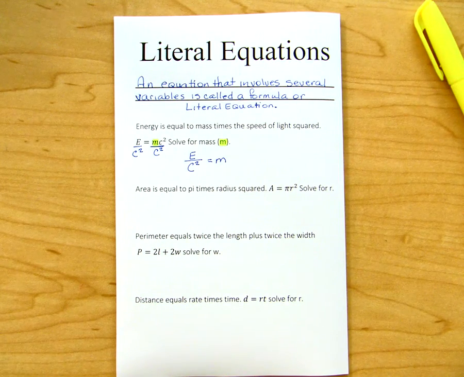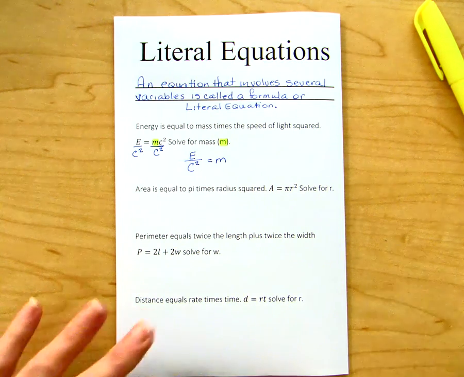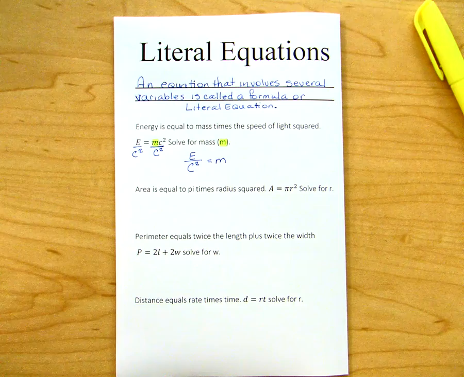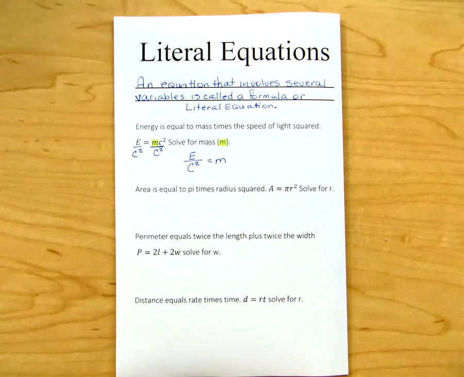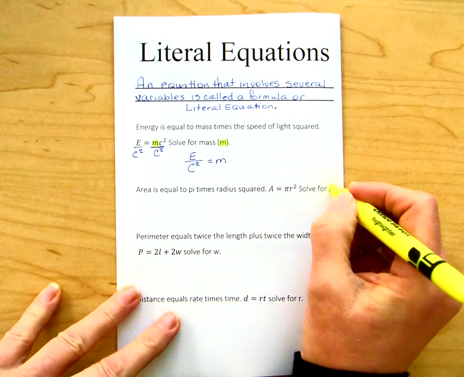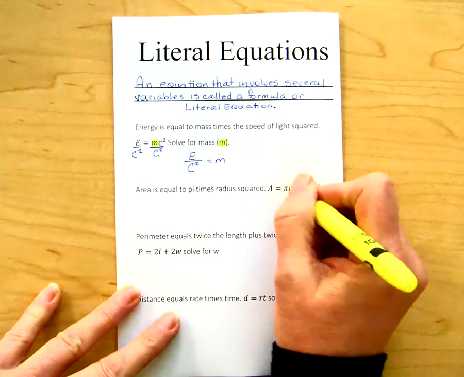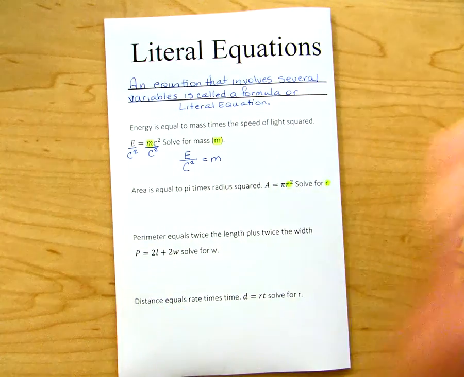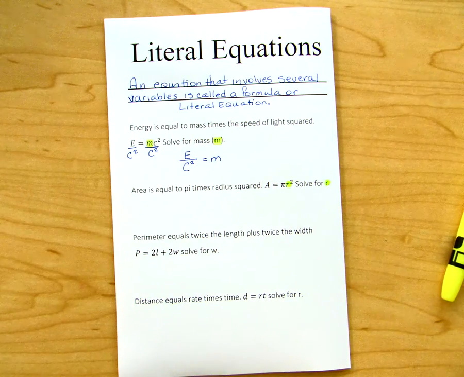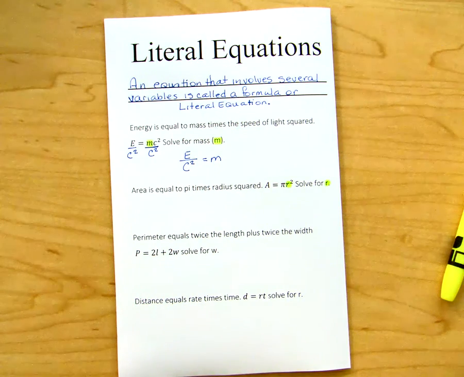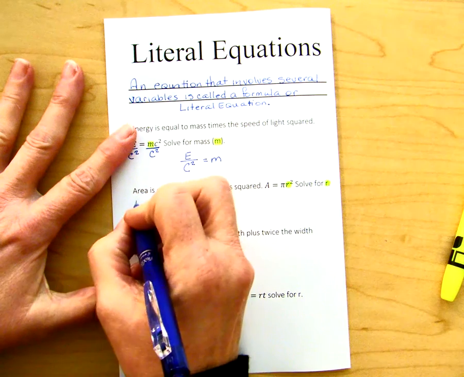For our second example, we have area is equal to pi times the radius squared. So A equals pi r squared, and they want us to solve for r. So we want the r all by itself, not r squared, but r. So for this one, we will rewrite the equation over here.